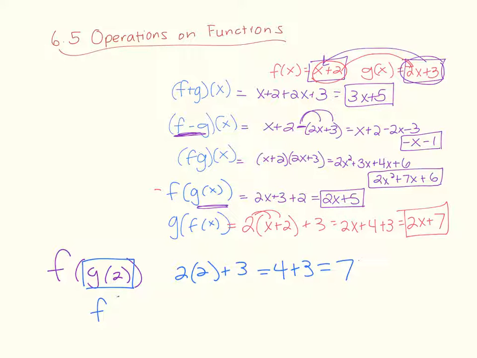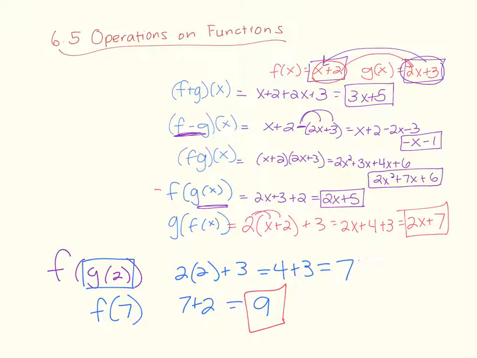And then I find f of 7. So I take 7 and plug it into the f. 7 plus 2, which would be 9. And the last one is your answer, so it's not a two-part. So go innermost parentheses out, take the 2, plug it into the g, get a value, take that value, plug it into the f, and what you get from that is your overall answer.